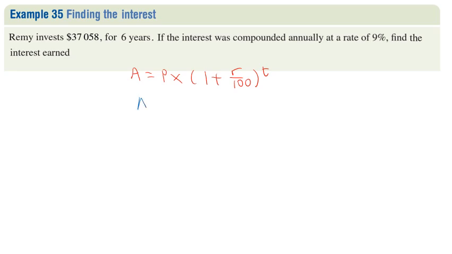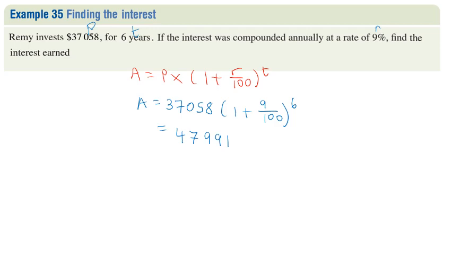The P is 37,058. The R is 9, always the one with the percentage. And the T is 6. Put that in the calculator, which equals 47,991. So that's the amount.